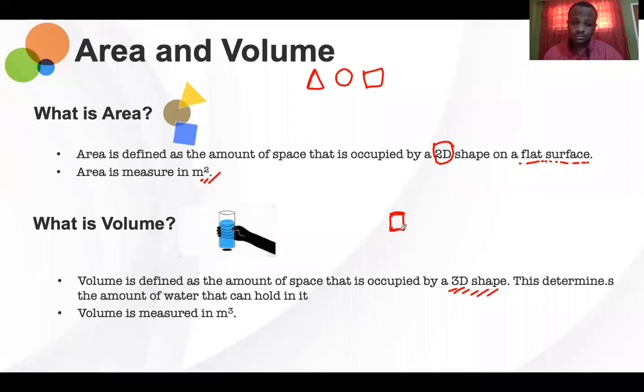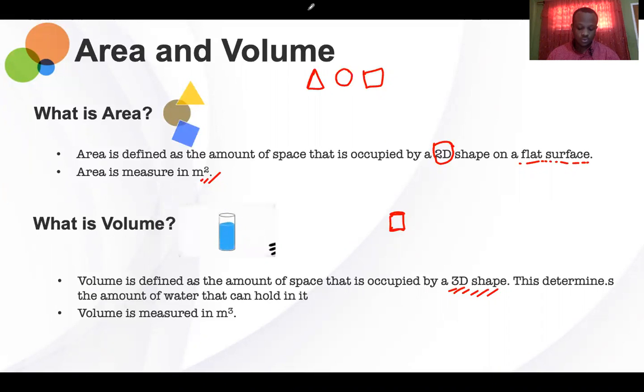Very simple. When I'm asking you for the definition of volume or area, I don't want you to come up with any random definition or copy and paste anything from Google.